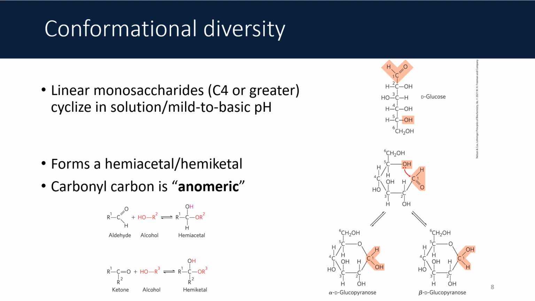In addition to chiral diversity, the number of isomers possible, one sugar can also take on many different conformations. We've been sketching sugars like glucose in its linear form so far, like this. But monosaccharides in mild to basic solution pH will actually cyclize automatically. And what happens is kind of like the Ouroboros, that mythical serpent that's biting its own tail.